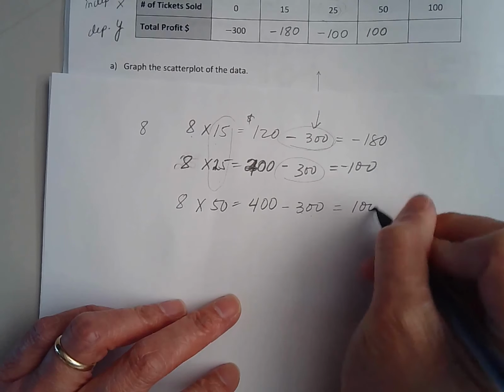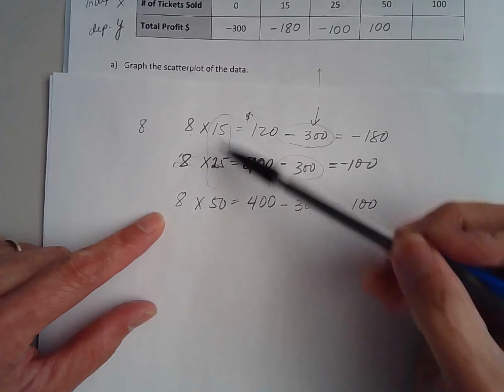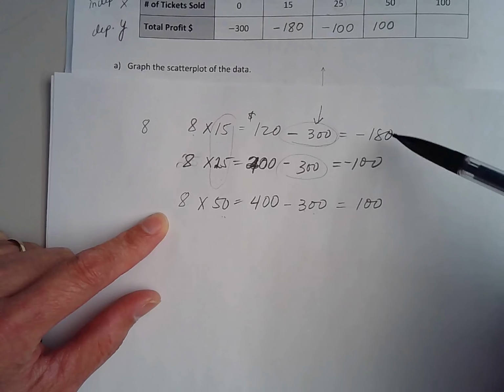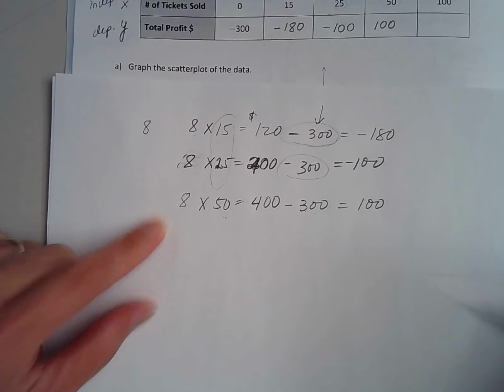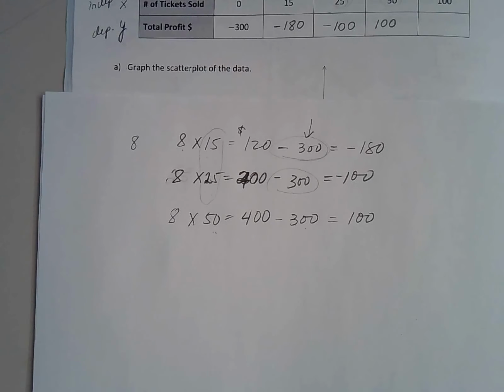So we're earning 100. So the pattern here is that the more tickets we sell, the bigger the profit is.